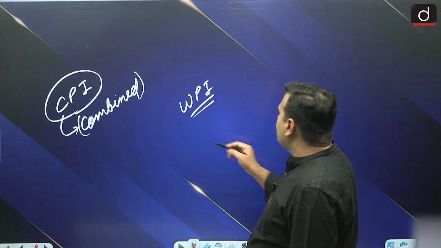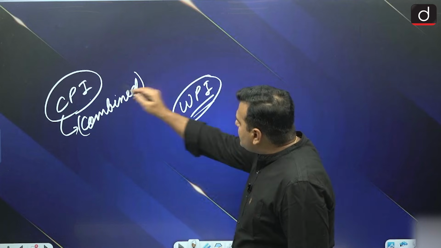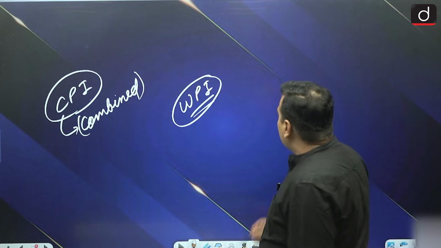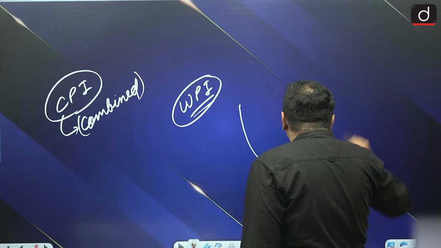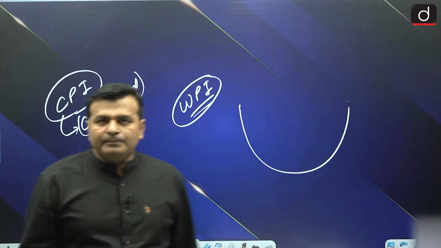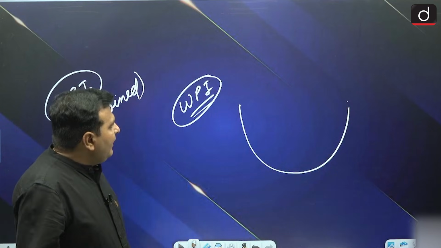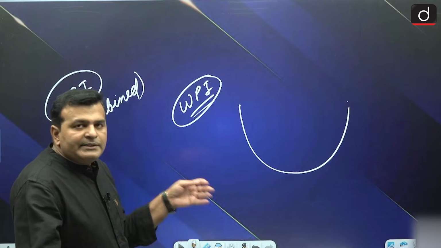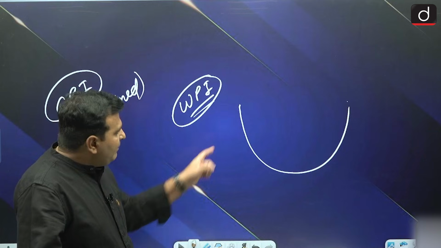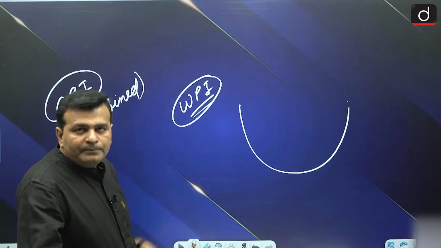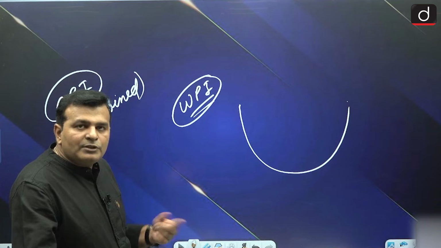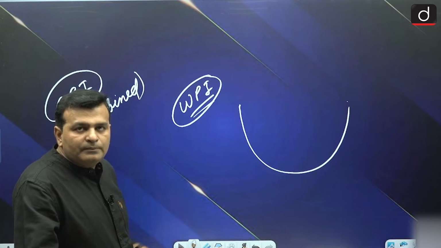Now, whether it is CPI or WPI, in order to calculate them, we use a particular basket. And this basket has certain goods. If it is WPI, the basket will have only goods. If it is CPI, the basket will have goods as well as services both.